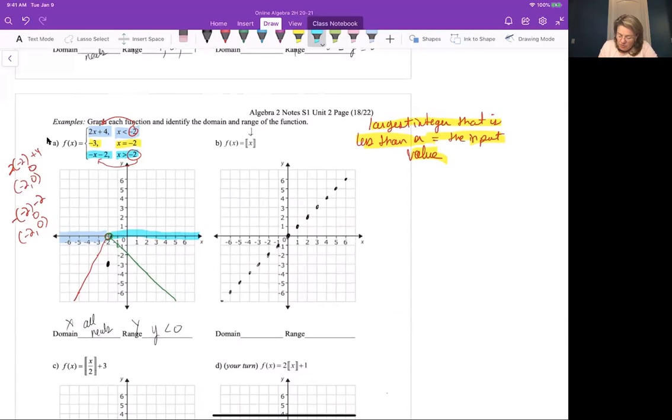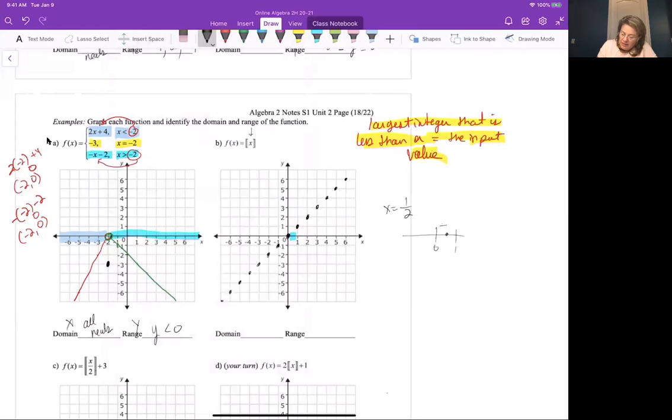What happens in between, maybe 0 and 1? So let's think of a half. So what happens when x is equal to a half? Well, that is not an integer. So I have to then, on the number line, remember, I have 0, I have 1, and I'm somewhere right there.